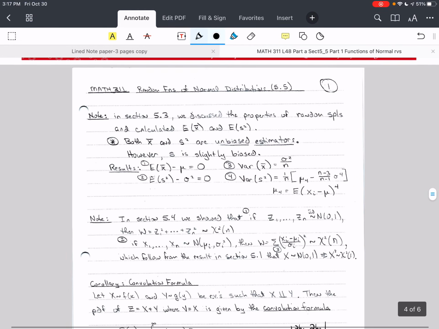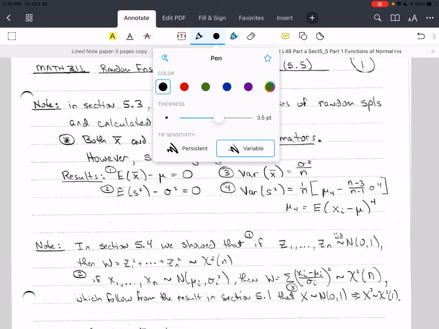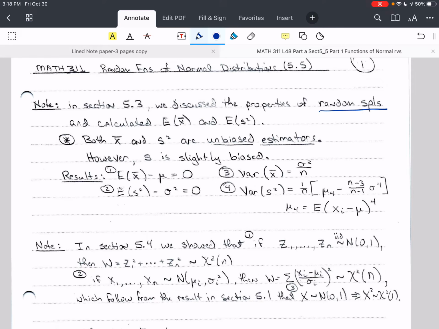So let's get started. Before we get started, though, we need to remember that back in section 5.3, we talked about the properties of a random sample. And we said that a random sample was independent and identically distributed random variables. And we said n of them. And we calculated the expected value of x bar and s squared.